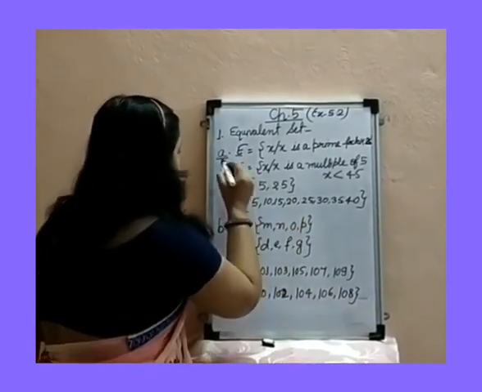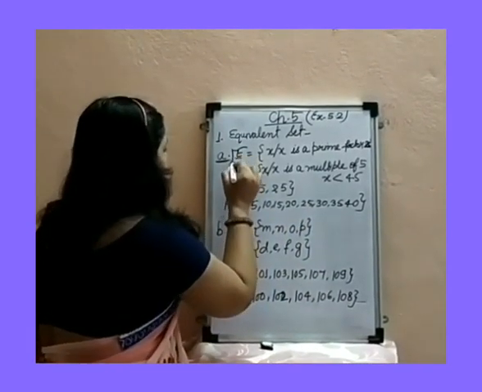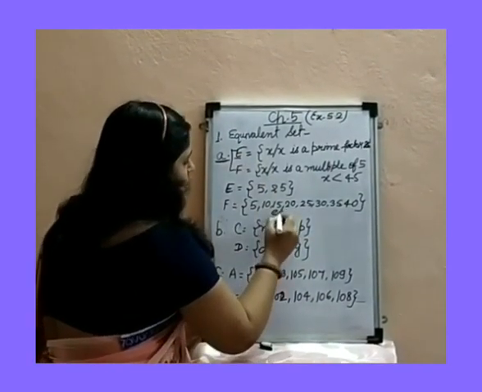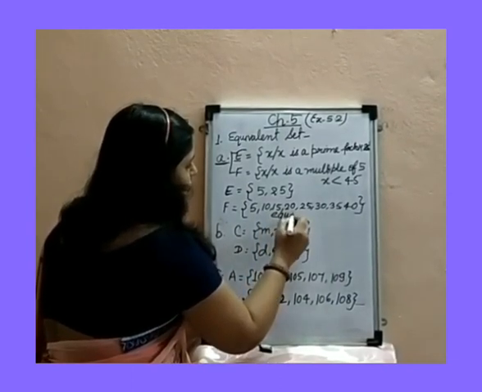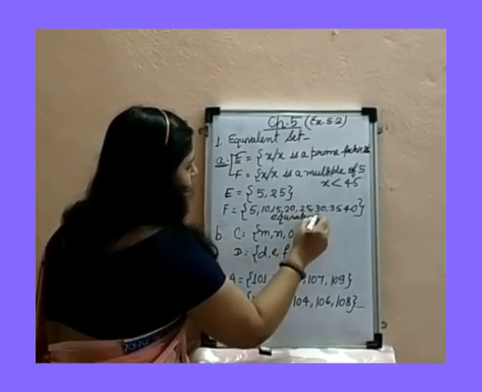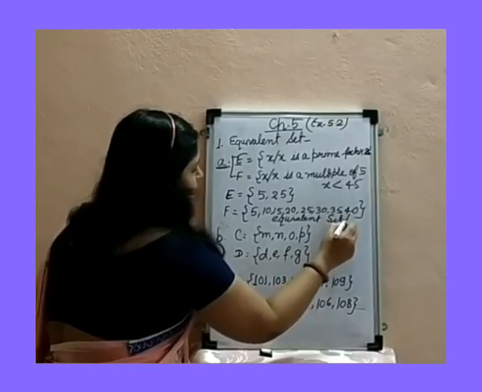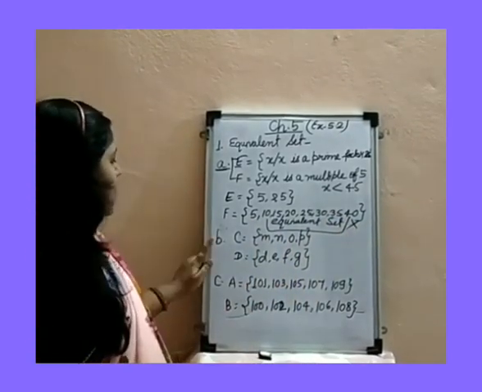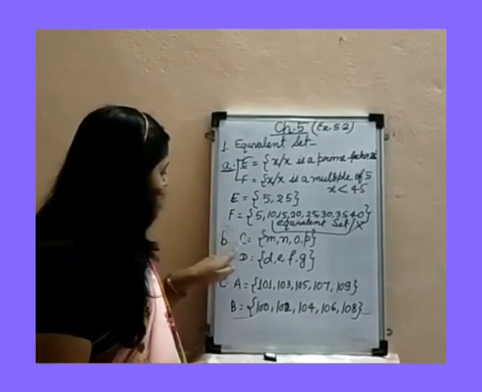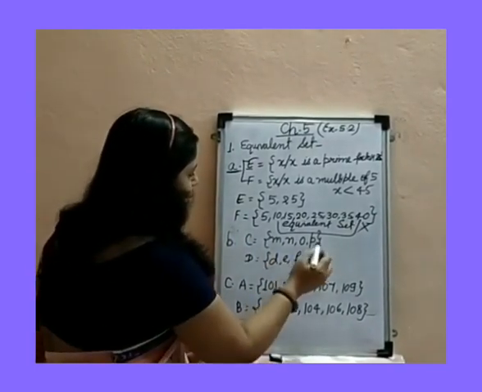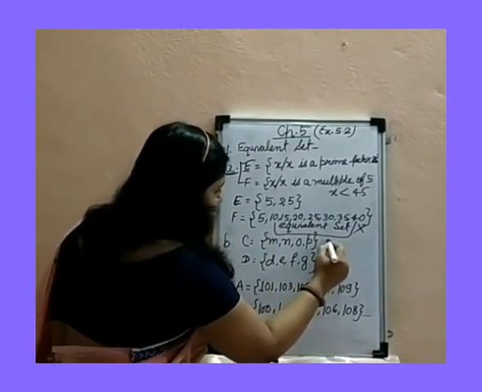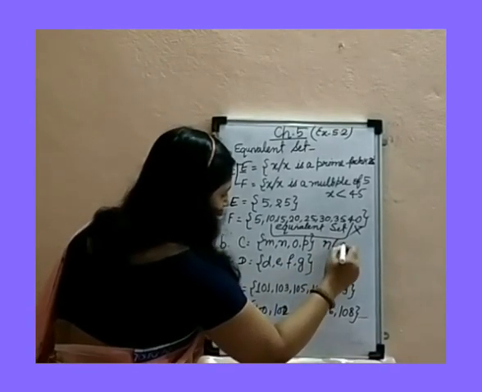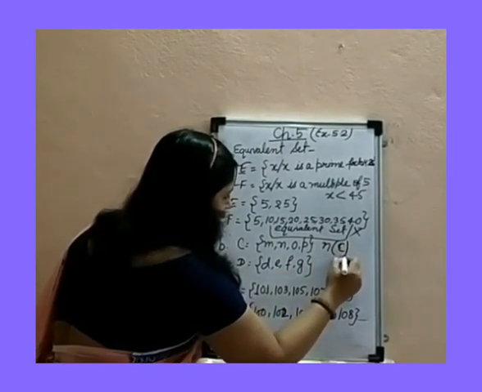So this set E and F is not an equivalent set.